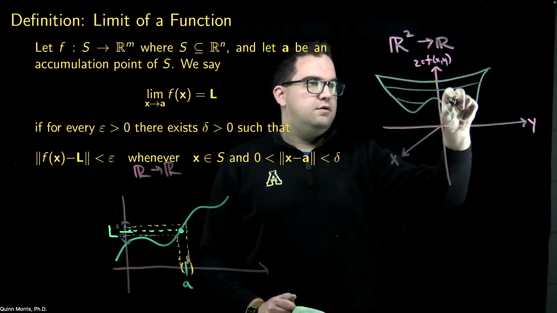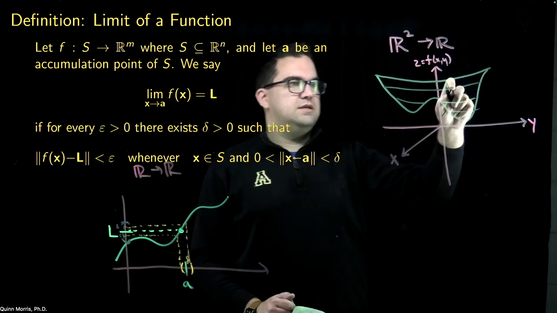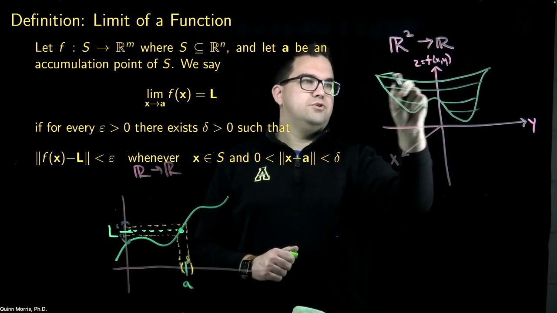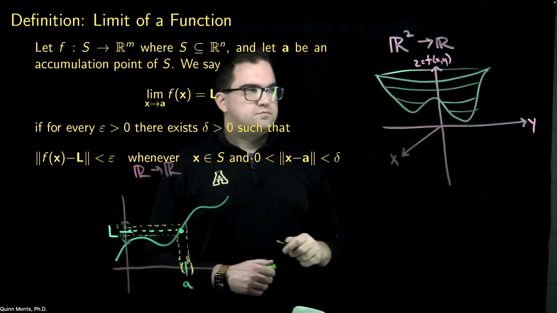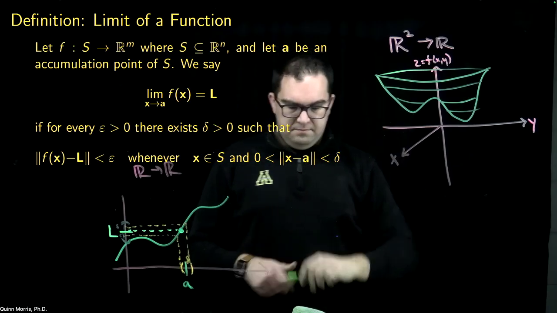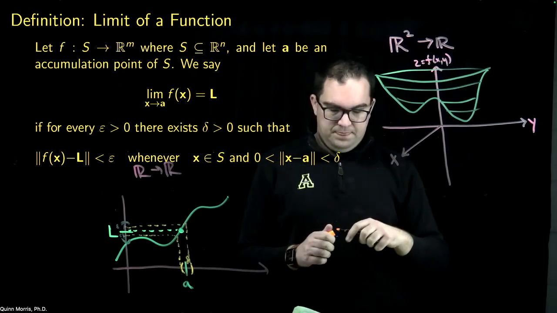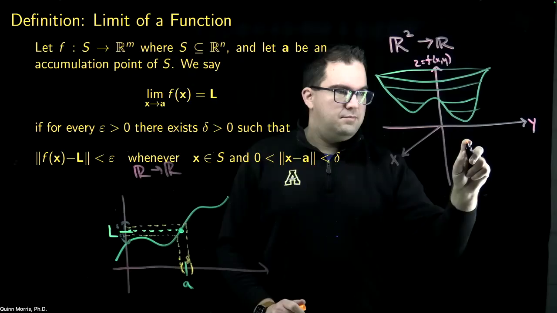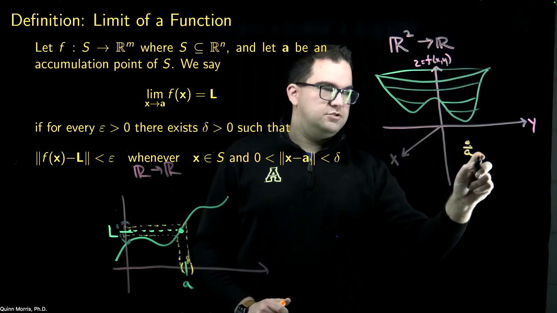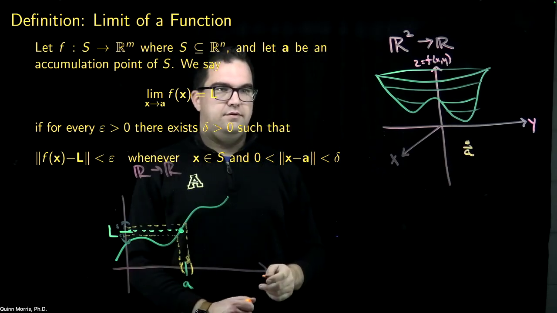Okay, so let me try to draw something that's at least a little bit interesting and has some bumps and contours to it. So you can imagine I have some function here. And let's say I want to know the limit at some point in my domain. Maybe my point here is this point A. And when I say point here, I'm really thinking about a vector, so it has an X and a Y component.